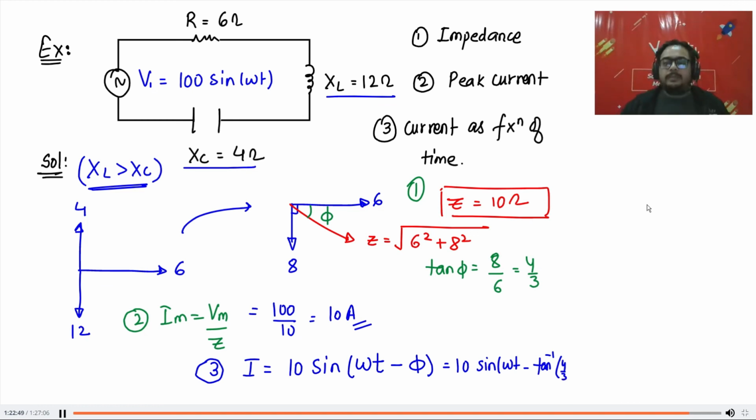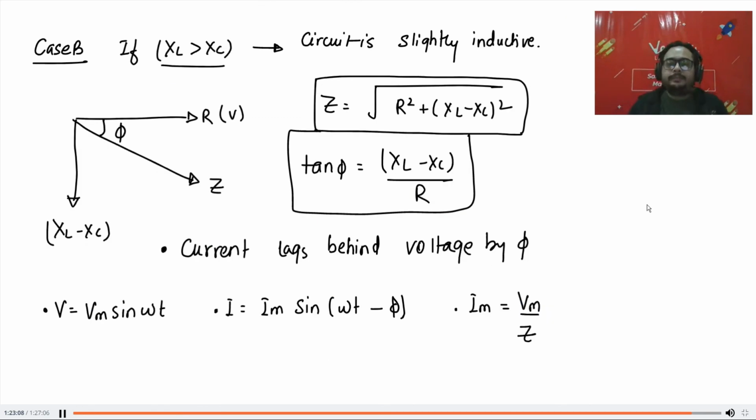Any doubts in this, please ask. Because value of phi is tan inverse 4 by 3, na? Any doubts? Yes, I can show you case B, Abhigyan. This is case B, beta. Any doubts?